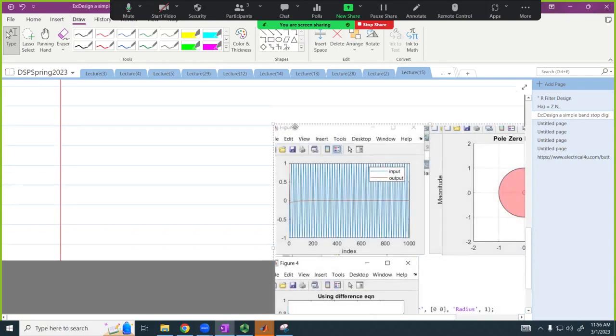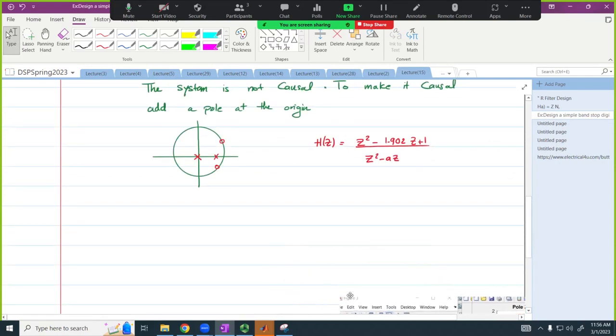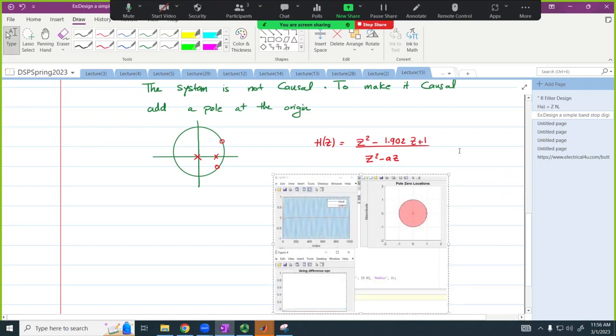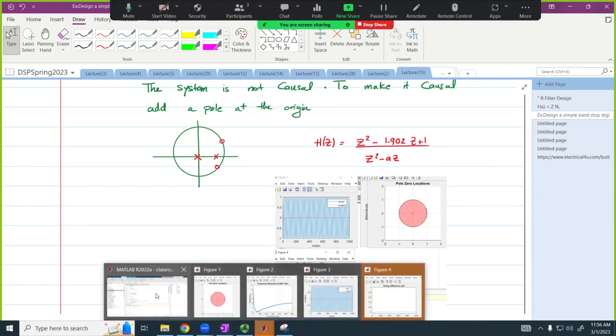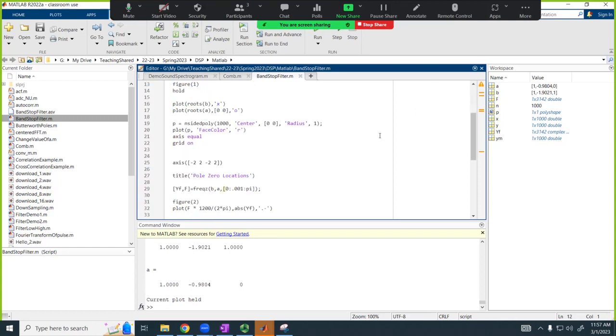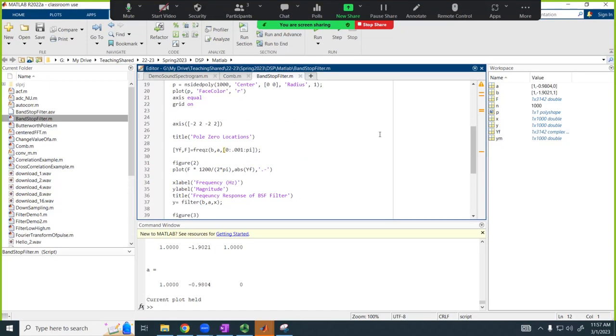Okay, so these are our graphs for this example. And this is the code. We have our numerator, we have our denominator, we're plotting the roots, and then we are using freqz to plot the frequency response.